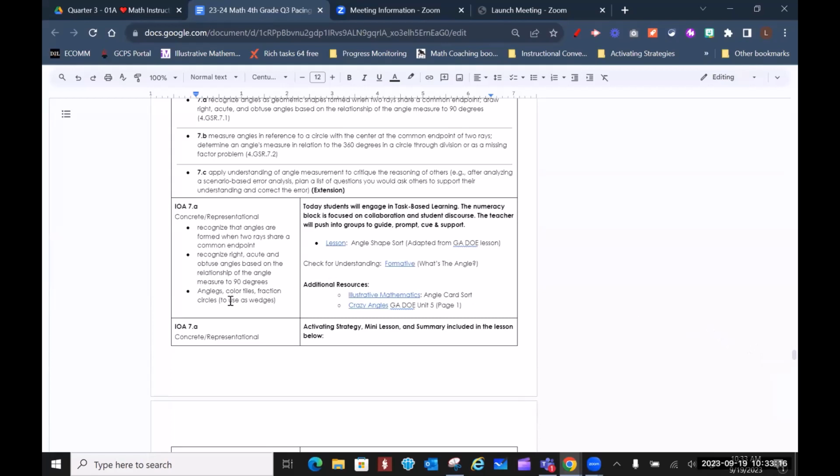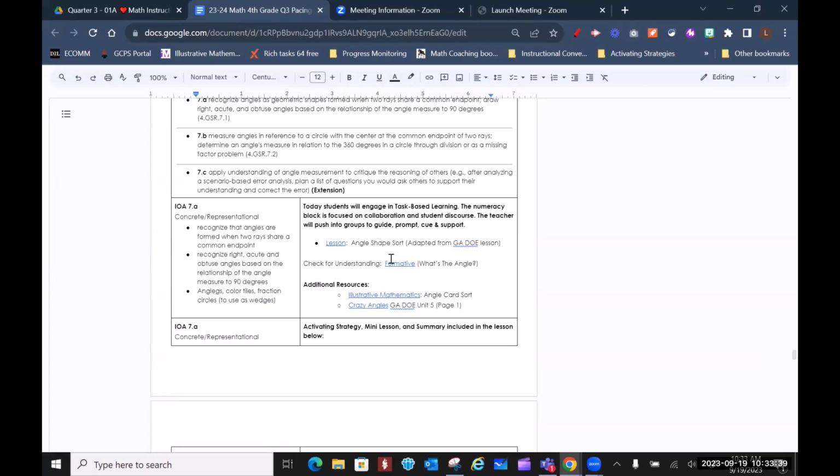The suggested sequence is located on the left side of the pacing guide. The left column provides the learning progression for the AKS and the IOA, showing whether it is concrete, representational, abstract. The bulleted list states the learning objectives within the IOAs, as well as any suggested manipulatives.